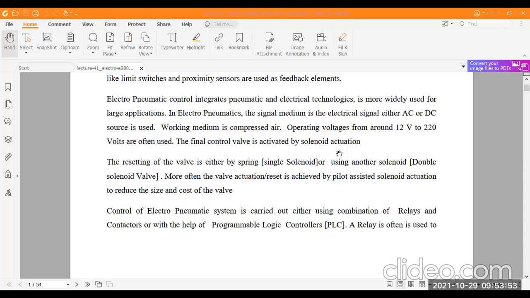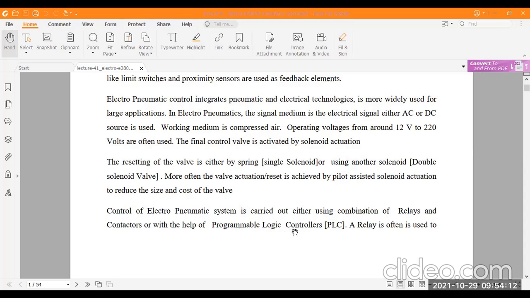This electro pneumatic controller system is carried out either using a combination of relays and contactors, or with the help of a programmable logic controller. It is another device. You have been given a certain idea of the programmable logic controller.